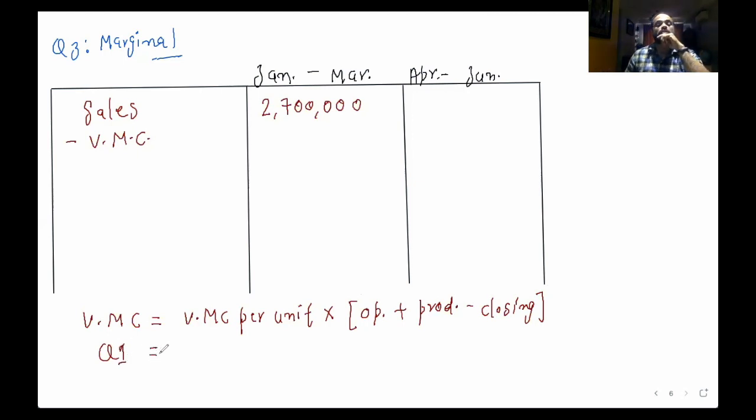So how much is total variable manufacturing cost per unit?